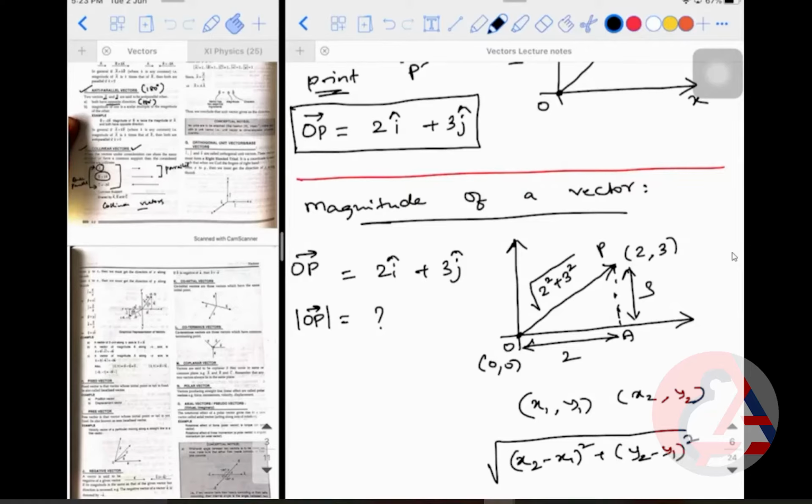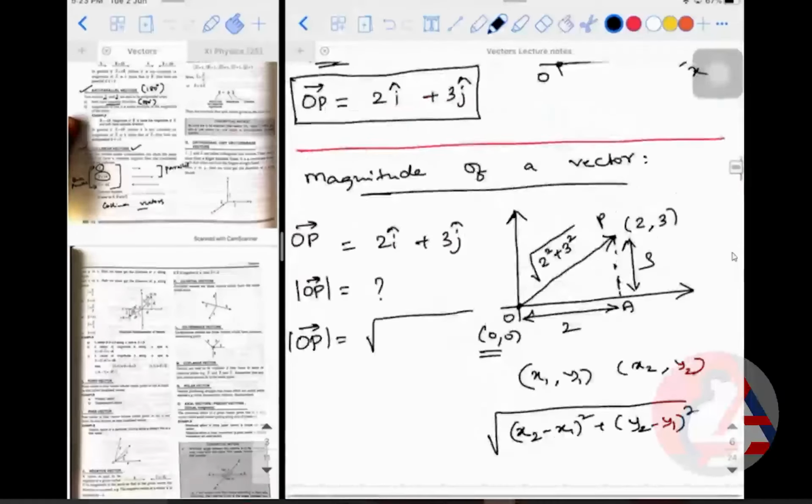As simple as that. You have 2 points in your hand, (0, 0) and (2, 3). So the length of OP vector will be the square root of (2 minus 0) the whole square, that is 2 square, plus (3 minus 0) the whole square, that is 3 square. Both mean the same, whether you follow the right angle triangle concept or the distance formula, the answer is going to be the same.